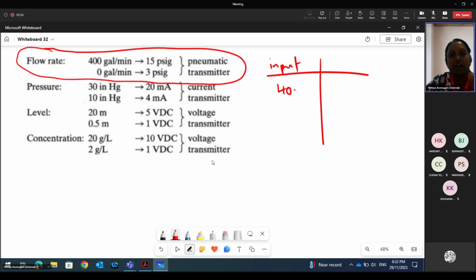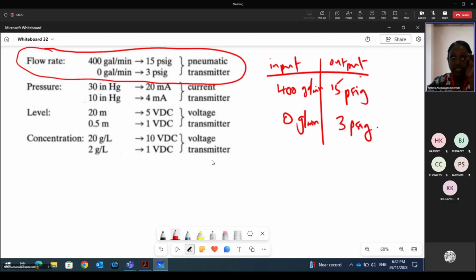For 400 gallon per minute, it will be 15, pneumatic transmitter. So this will be the output. All right, 15 psig. This is gallon per minute. And for 0 gallon per minute, the output will be 3 psig.